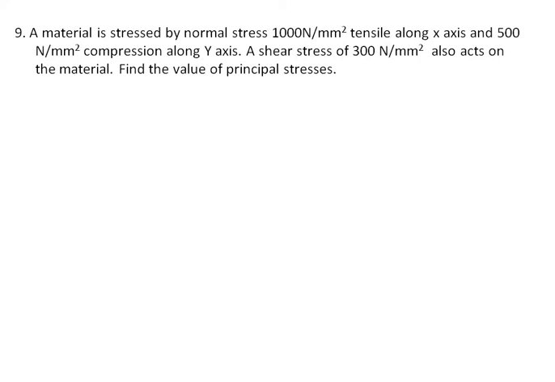Problem number 9: a material is stressed by normal stress 1000 Newton per mm square tensile along the x-axis and 500 Newton per mm square compression along the y-axis. A shear stress of 300 Newton per mm square also acts on the material. Find the value of principal stresses.